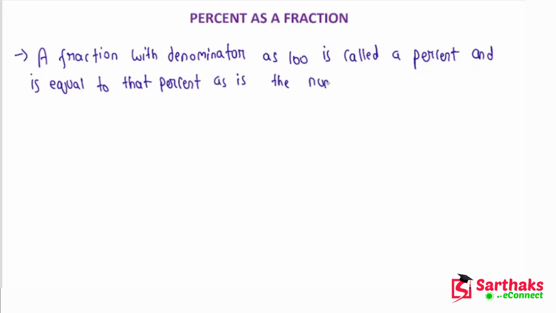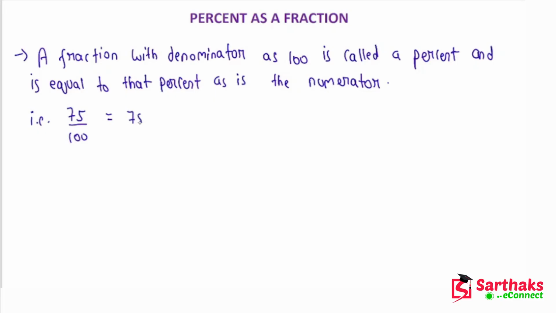So basically what you are saying that whatever be the numerator, if you make denominator as 100, then it is that many percent as the numerator. Okay, so let me give you an example. That is, suppose we have 75 over 100 and luckily the denominator is 100 only. Okay, so this simply means that 75% exactly. What the statement says is if your denominator is 100, then no matter what is your numerator, that many percentage you have.